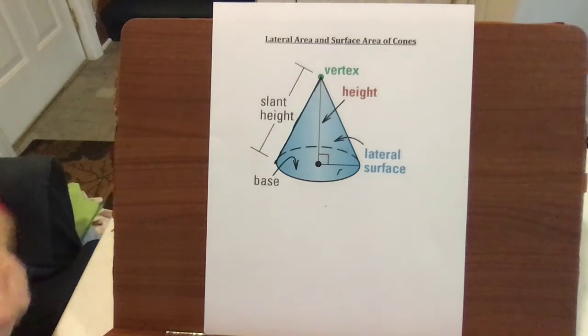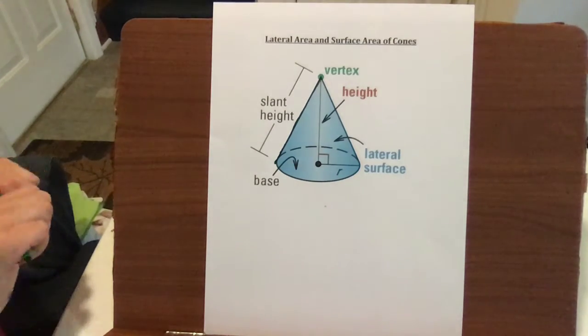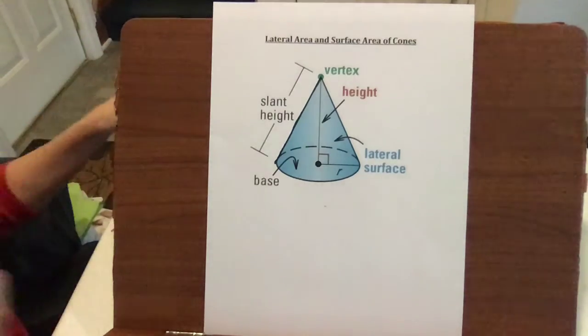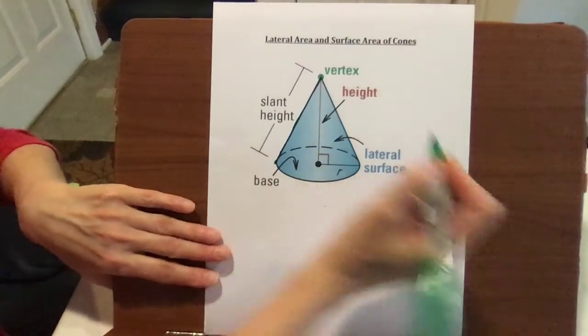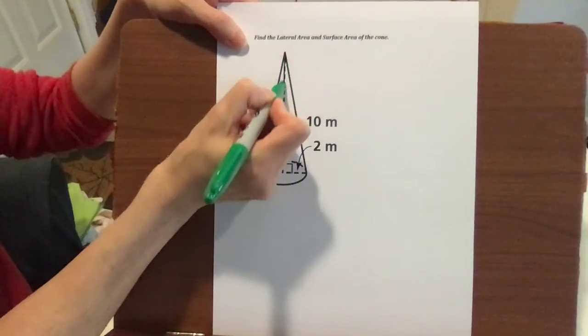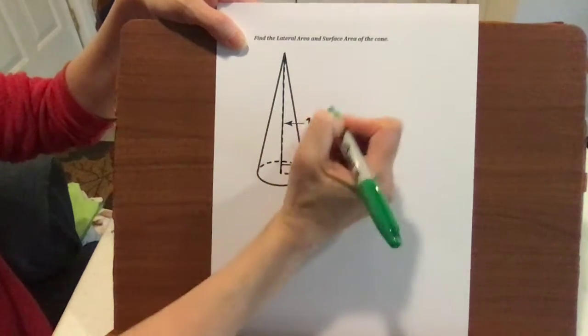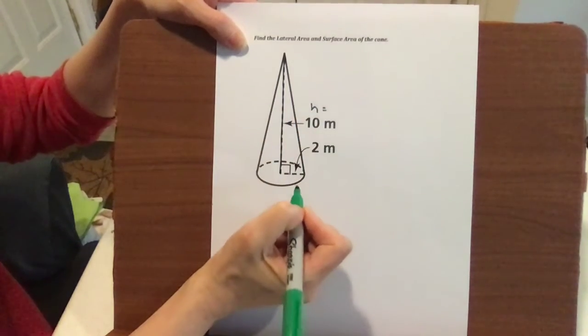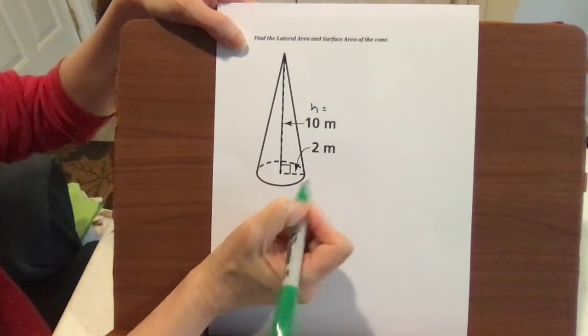All right, so we are going to calculate first our slant height, because we're going to need that when we work on the next problem, because usually that's what you're going to miss. So here we have our right triangle. Our height is 10, so that's the height of our cone.